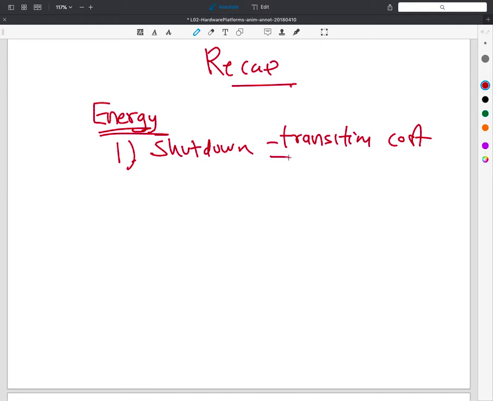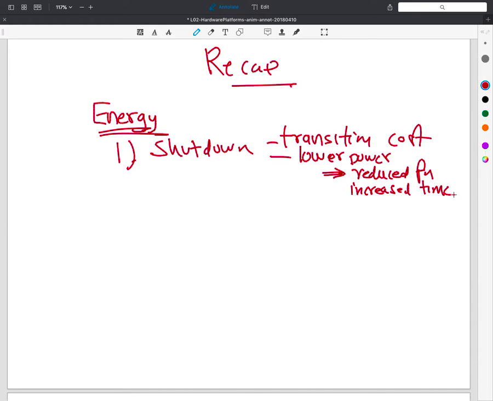Usually when you go into a lower power mode, lower power typically implies reduced functionality. It also implies increased time latency to come in and out.